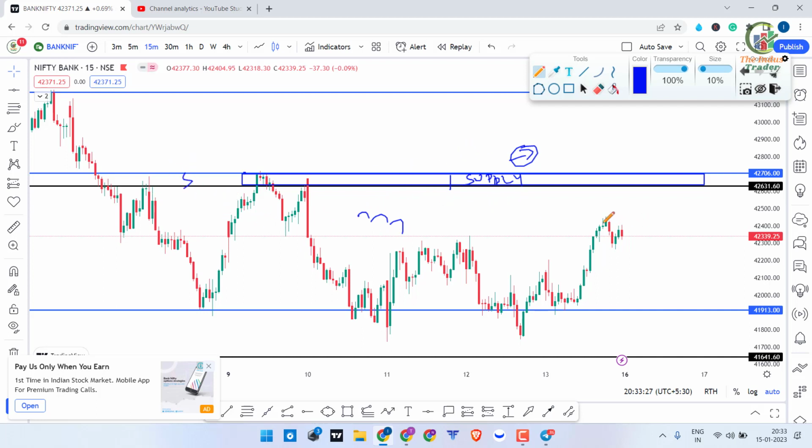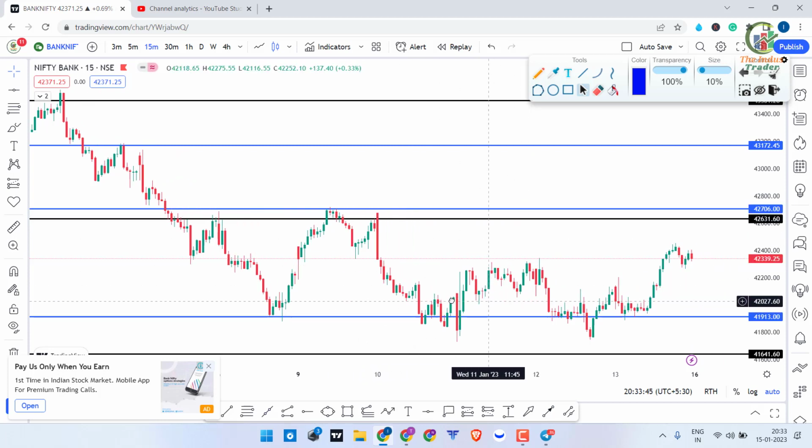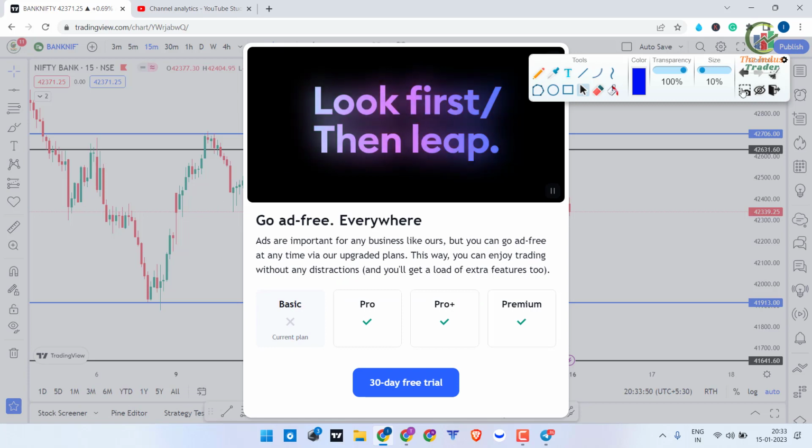If we take a trade here or anywhere, we will book our profits, or we will be cautious once it reaches this supply zone or the resistance. In the same way, if we take a sell trade and it is reaching the support levels, we will stay alert.